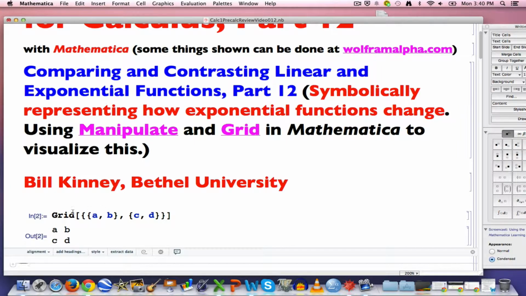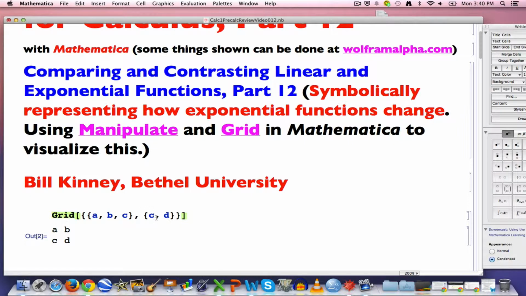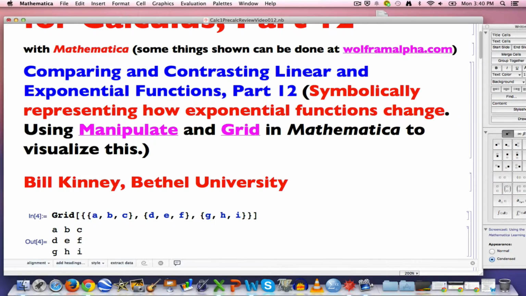It is a 2 by 2 grid. If I want to make a 2 by 3 matrix, 2 rows and 3 columns where I have A, B, C in the first row and D, E, and F in the second row, this is the syntax. And for example, if I want to make a 3 by 3 matrix where now the third row is consisting of G, H, I, I can do that.